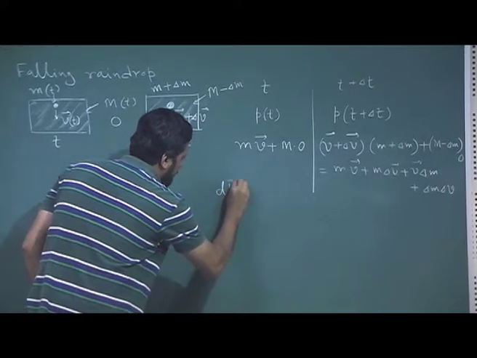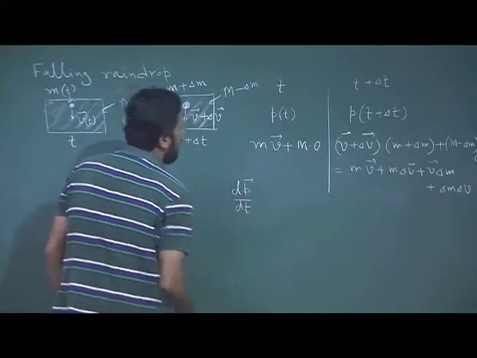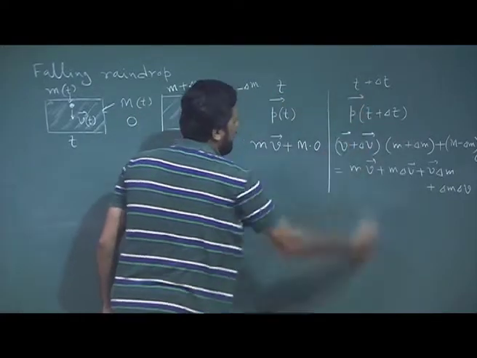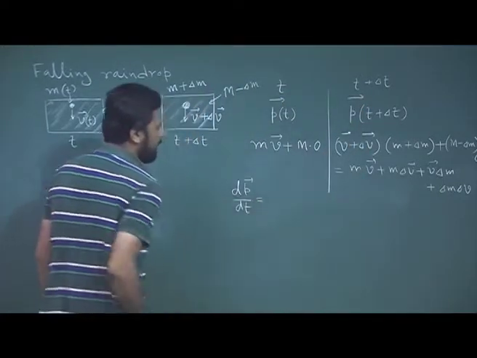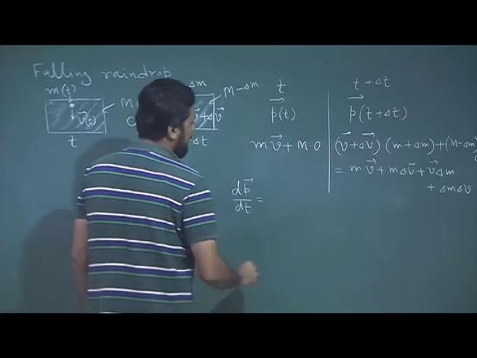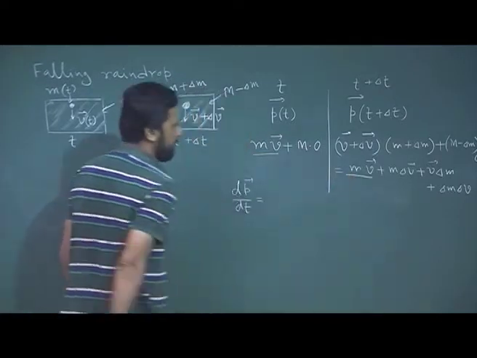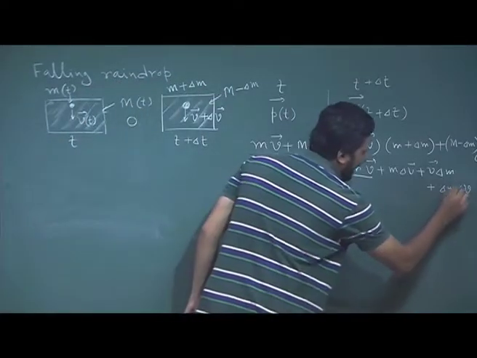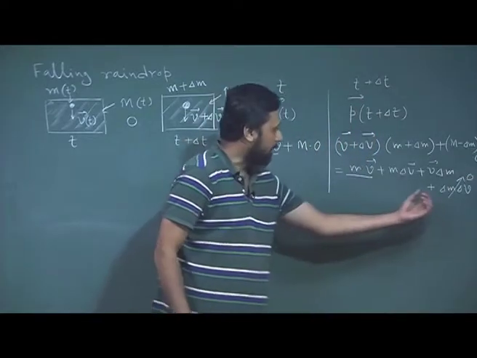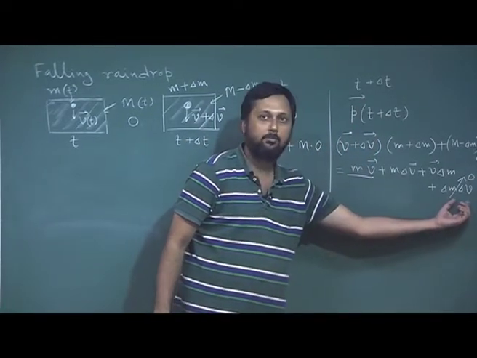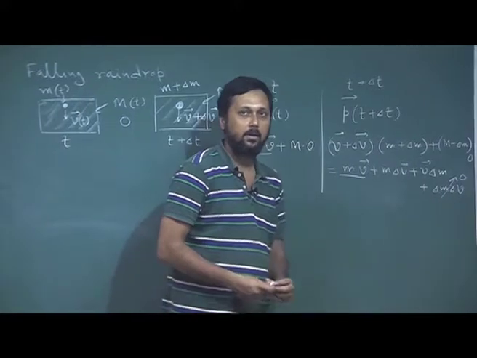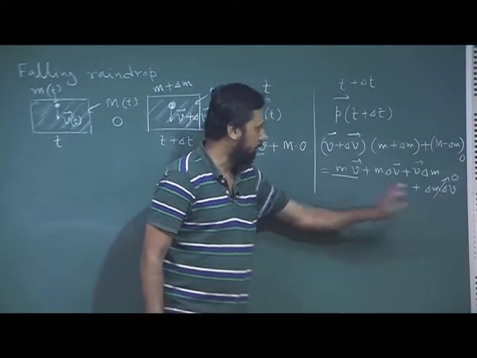So, this will be dp dt. Please remember that these are vector quantities. We see that immediately this term and this term will cancel out. This term we can neglect because it is a multiplication of two infinitesimally small numbers, so that is why we can ignore this term.